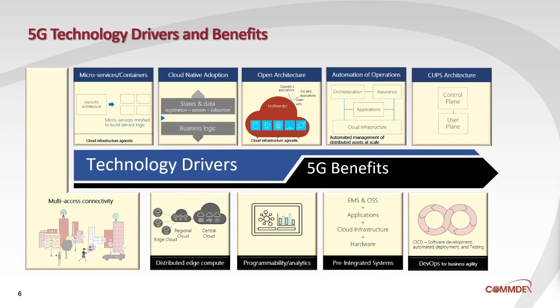Cloud technology also enables orchestration and automation capabilities. The main enabler for this is Kubernetes, which is the foundation for cloud technology and allows 5G network functions to be deployed without manual intervention.